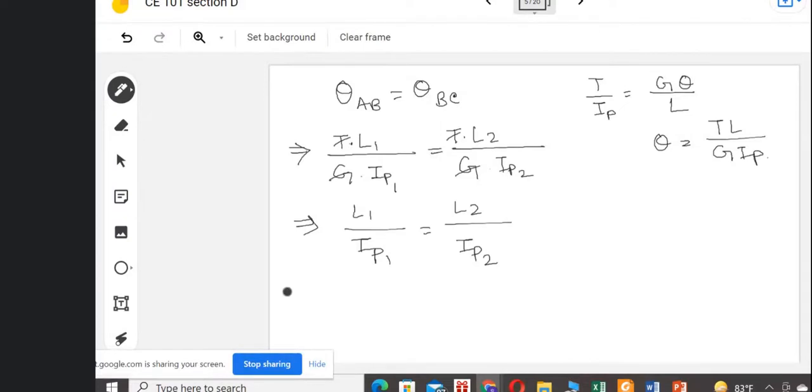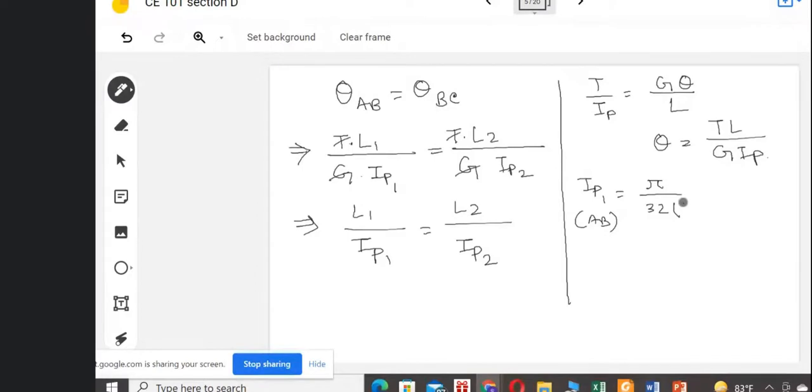What is the value of IP1? IP1 means AB. What is the value of IP of AB?